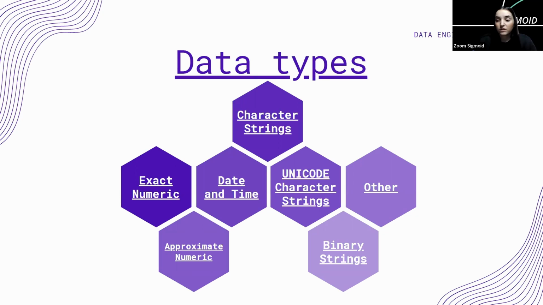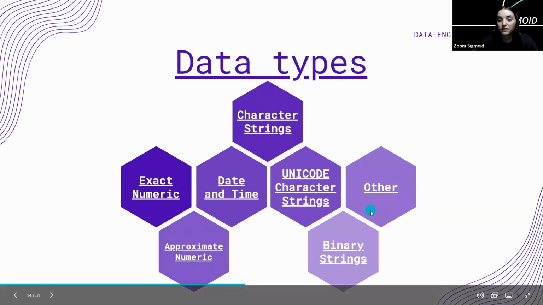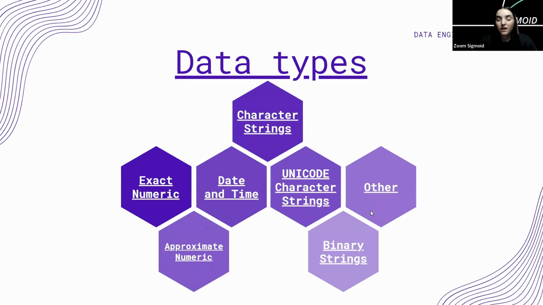Data types in SQL Server are organized in the following categories: exact numeric, approximate numeric, date and time, character strings, Unicode character strings, binary strings, and other, where this other is also called specific data types.